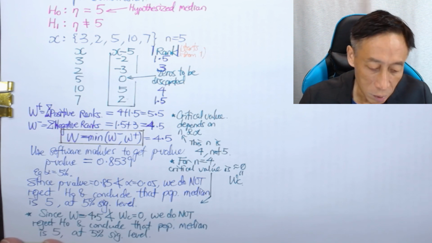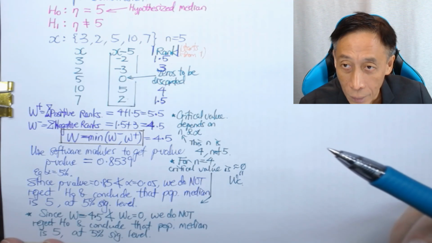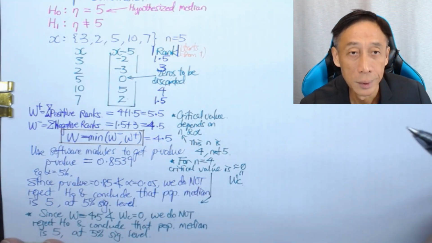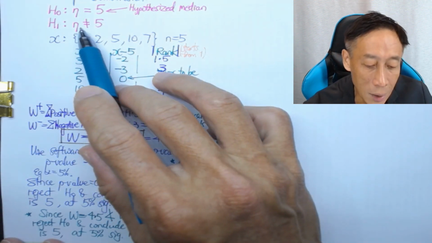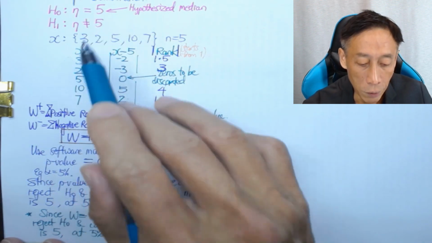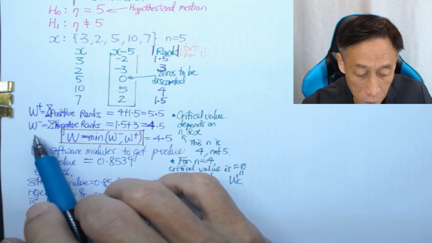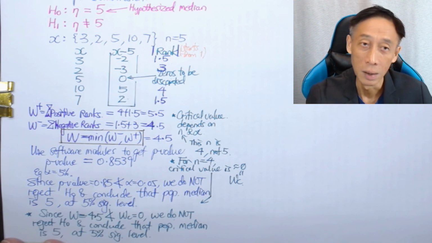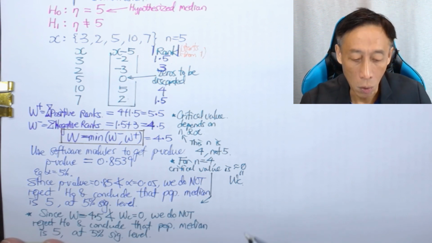If it is one tail, then we look at one of them, W minus or W plus. Suppose it is eta less than 5, then we look at W minus to see if the negative side is extremely small, smaller than the critical value.